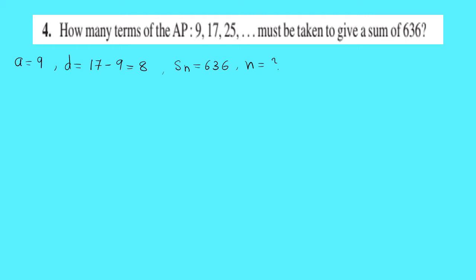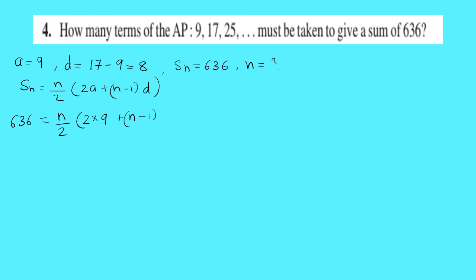So you can use the formula Sn equal to n upon 2 multiply by 2a plus n minus 1 multiply by d. That is Sn is 636 equal to n we don't know, write as it is, multiply by 2a, that is 2 multiply by 9 plus n minus 1, that we don't know, d is 8.